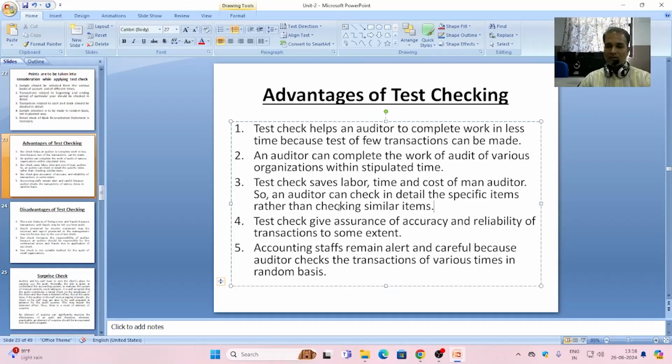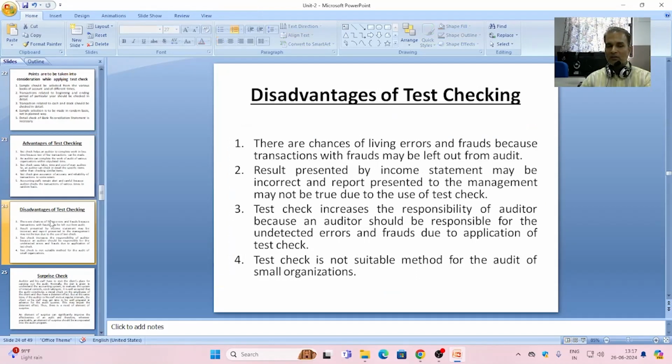Like the advantages, there are some limitations or disadvantages of test checking. Let me discuss. First, there are chances to leave errors and frauds, because transactions with frauds may be left out from the audit. Suppose the fifth transaction has error and fraud, but the sample taken by the auditor didn't include that particular fifth transaction.